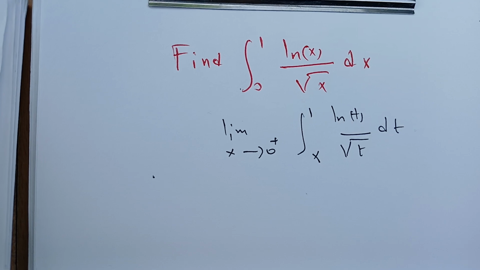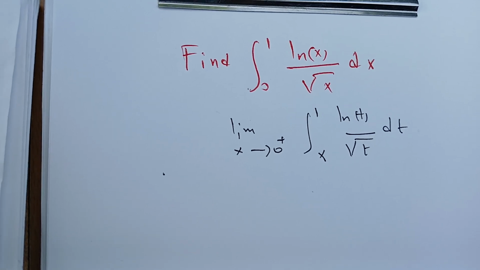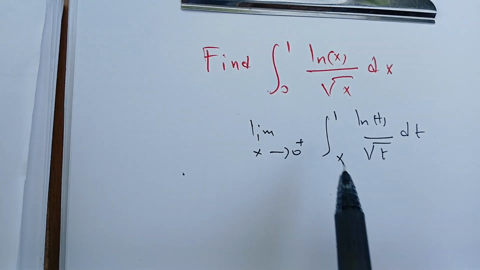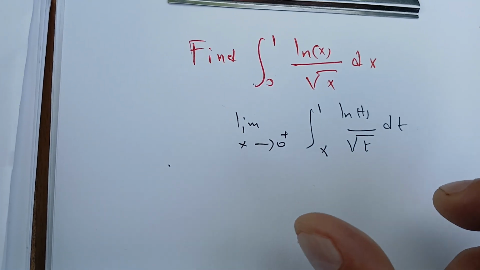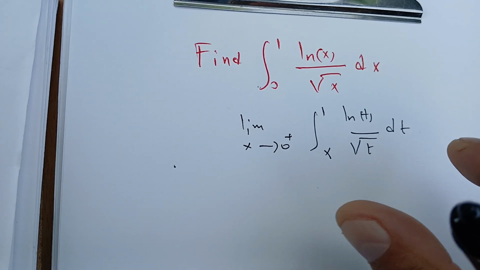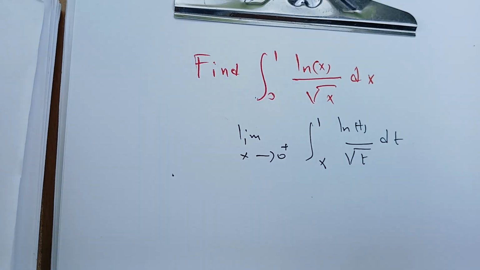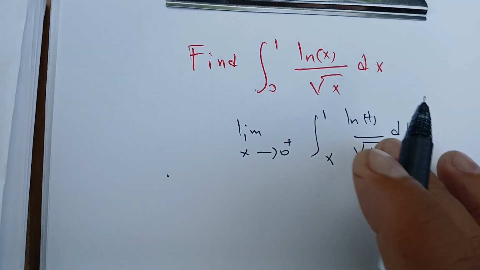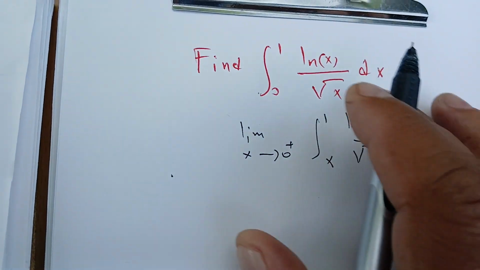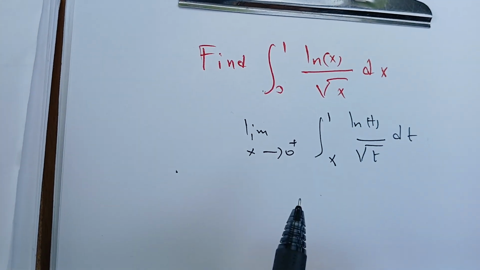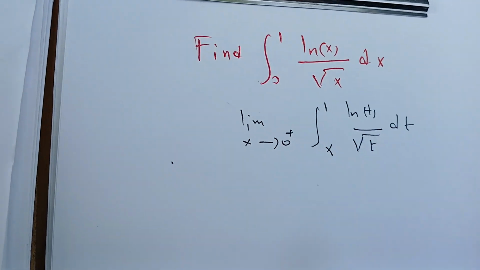So we removed this problem on 0 by integrating from x to 1. Now we let x approach 0 from the right, and we see if this is finite or not. If it is finite, the integral exists. If not, then it's divergent.